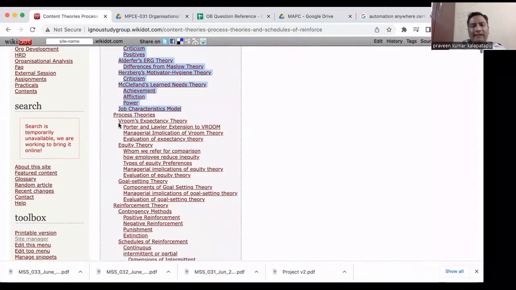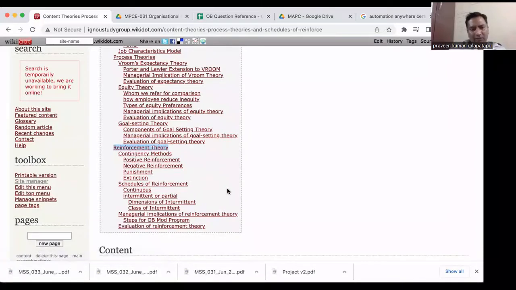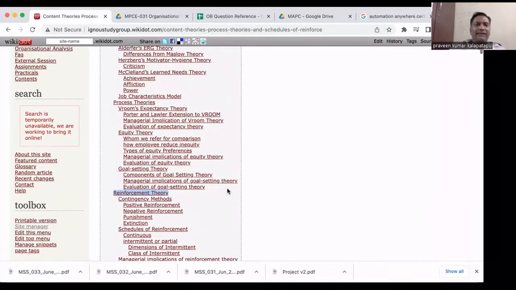Similarly, process theories have a few more types: Vroom's expectancy theory, equity theory, and goal setting theory. Apart from content and process theories, there is one more called reinforcement theory, which concentrates on the outcomes of motivation.